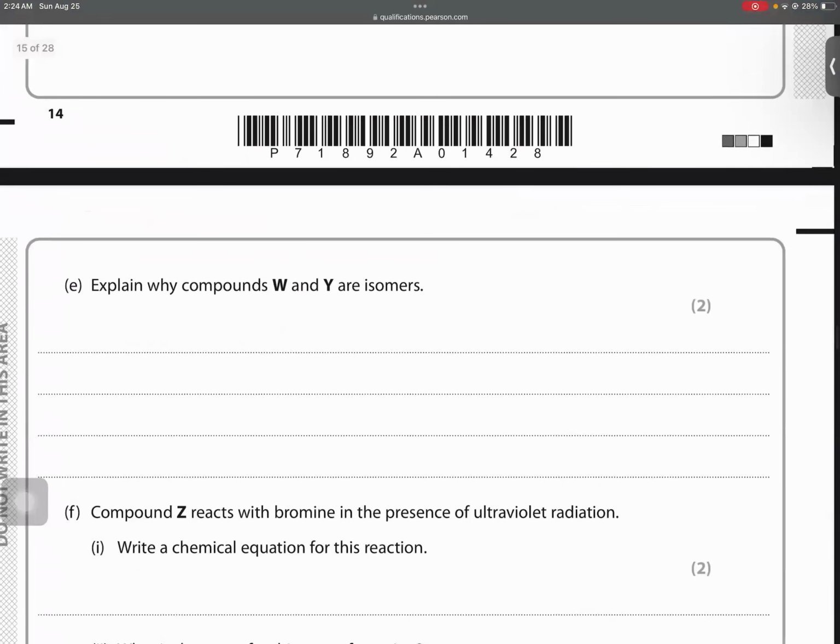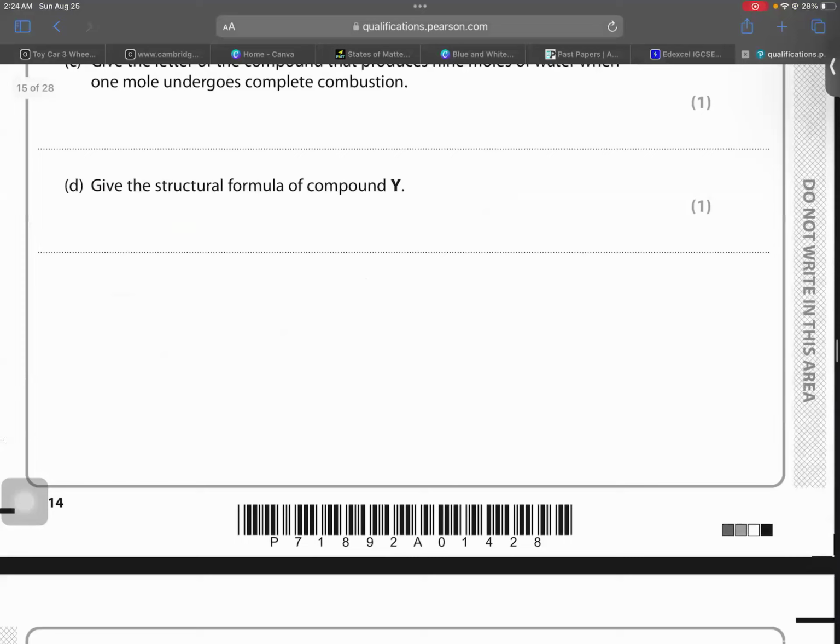See E part. Is it because they both have the same molecular formula, W and Y?